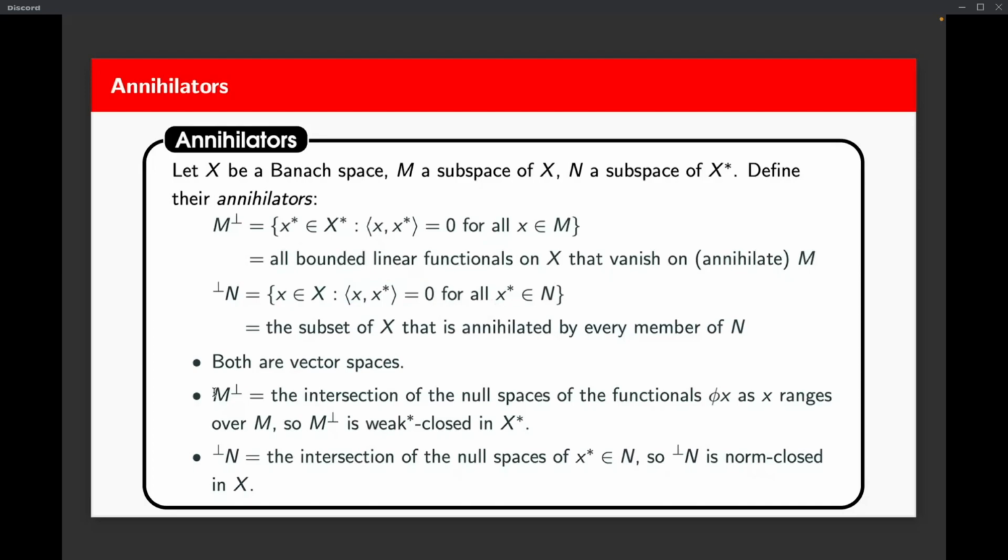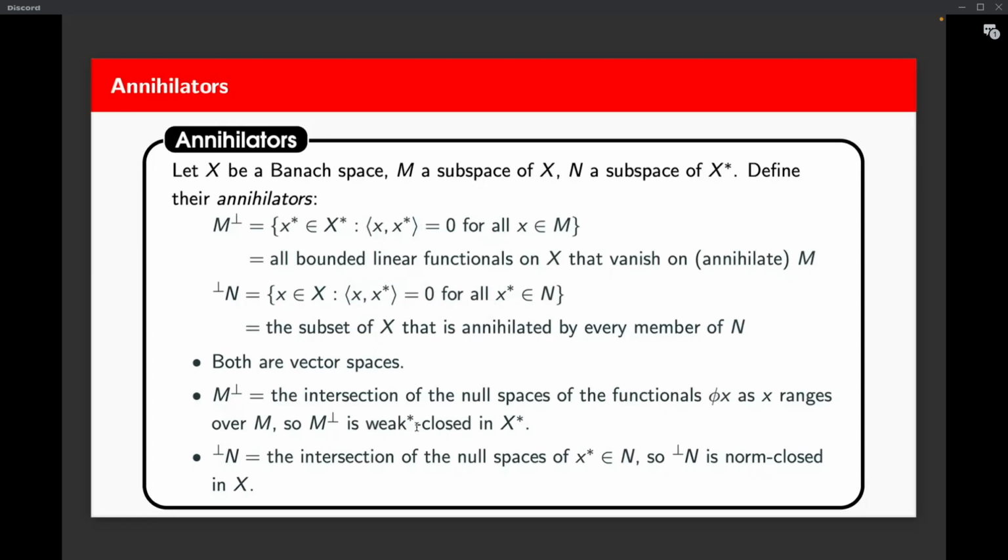As Rudin observes, the right annihilator of a subspace of X is the intersection of all the null spaces of these functionals phi of x as x ranges over M. Null spaces of functionals are closed, and we're taking an intersection of closed sets, and so we get a closed result.